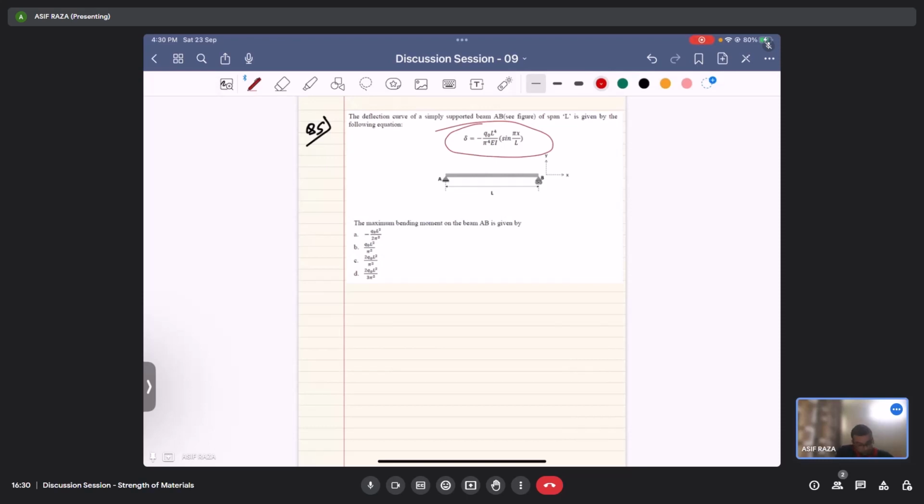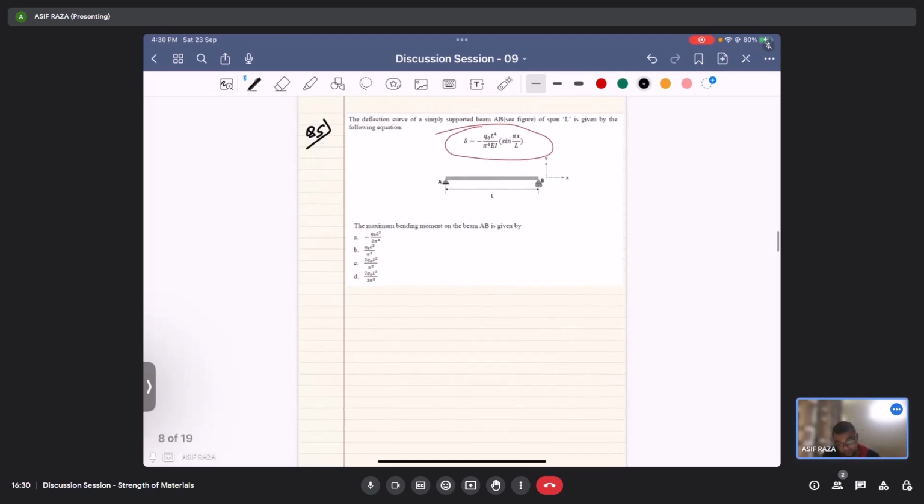Okay, so to solve this question, you must have seen in the lectures, we are given the deflection curve, right?